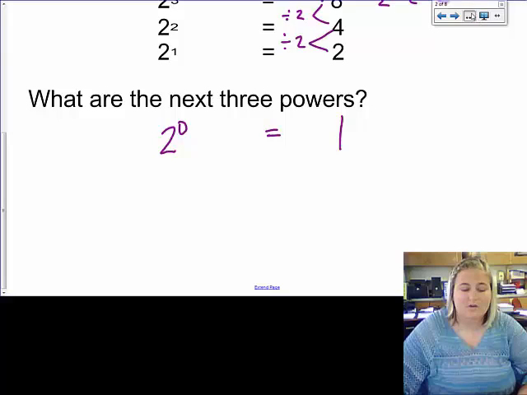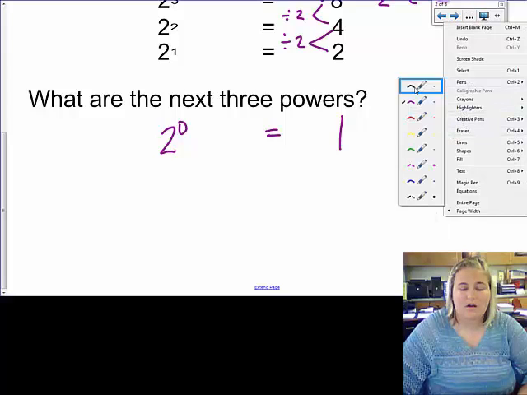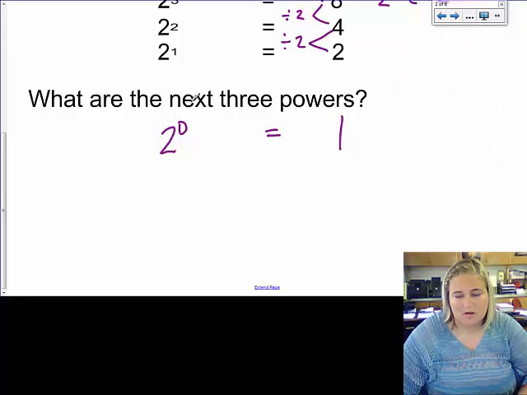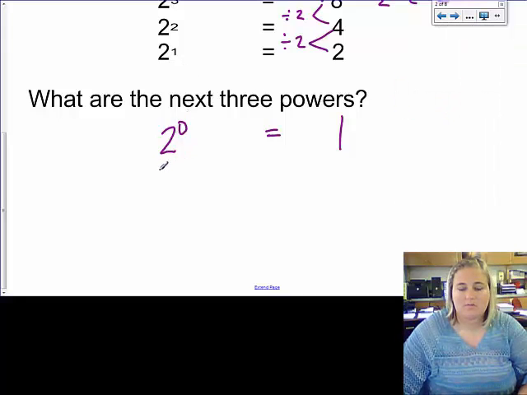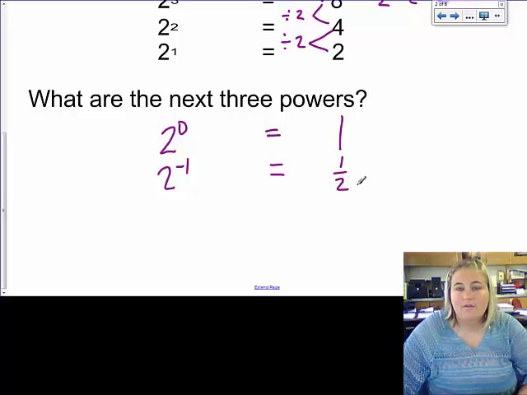Okay, so next, that's our first power. So the next power, if we're going down 1 for our powers each time, is going to be 2 to the negative 1. Well, what's that going to equal? If I'm dividing by 2 each time here, 1 divided by 2 would give me 1/2, right?